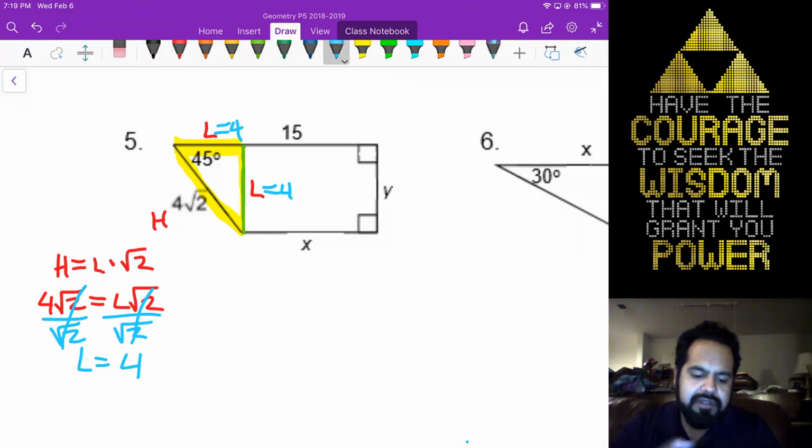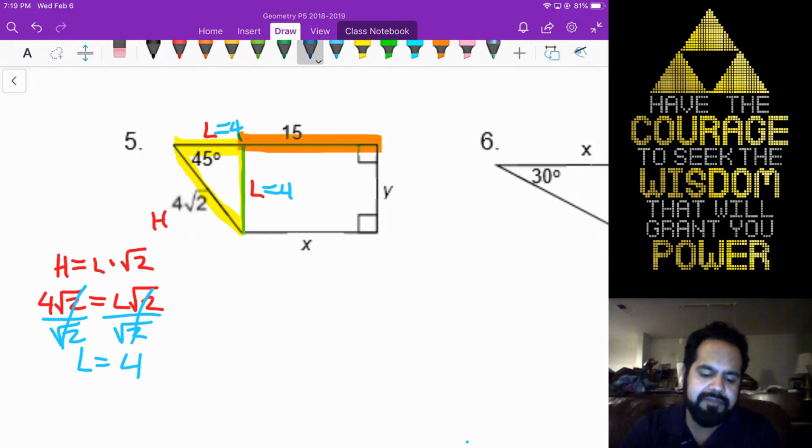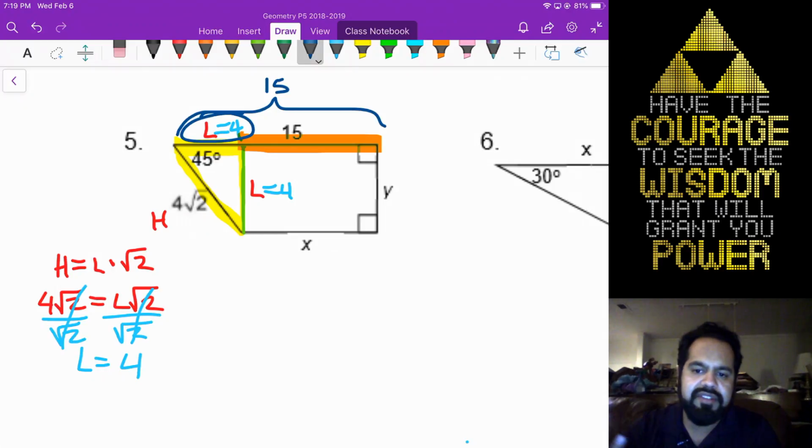Now that 4, Cameron, represents only part of that entire length of 15. This part is the part we're solving for. Because right now this total is 15. This little piece is 4. So if I do 15 minus 4, that's going to give me a nice 11.